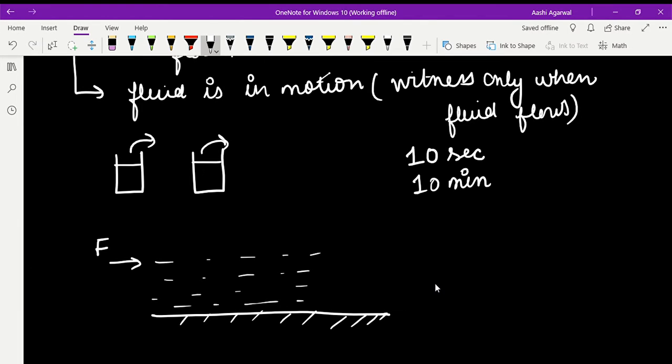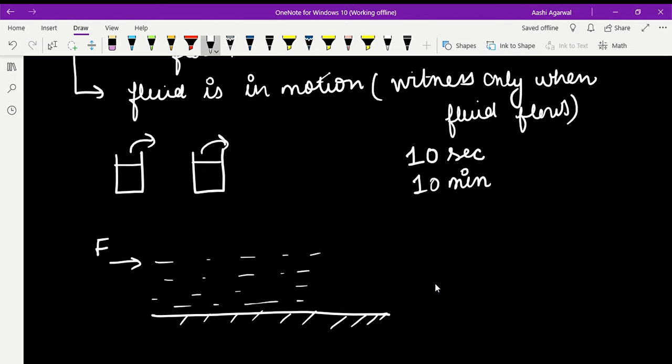This force is tangential. Basically, it is a shear force or a tangential force. So the stress or the resistance that will be occurring corresponding to this will also be tangential, or you can say it will be a shear or tangential stress. So when you apply a certain force on this fluid, it will flow.